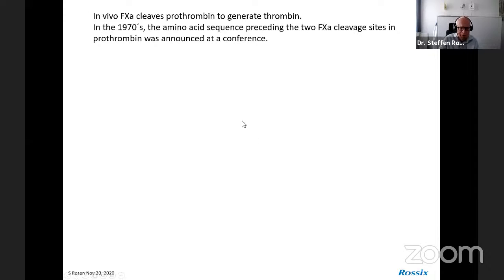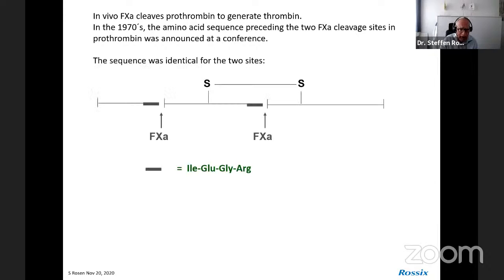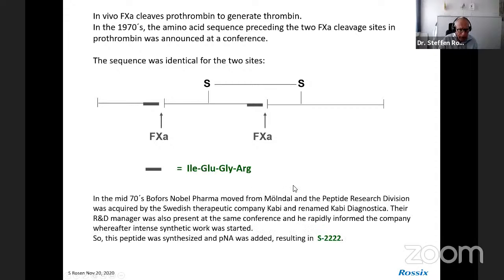In vivo, Xa cleaves prothrombin to generate thrombin. In the 1970s, the amino acid sequence preceding the two factor Xa cleavage sites in prothrombin was announced at a conference. And the sequence was identical for the two sites: Ile, Glu, Gly, Arg. Now, in the mid-70s, Bofors Nobel Pharma company moved from Mölndal, and the Peptide Research Division was acquired by a Swedish therapeutic company, Kabi, and renamed Kabi Diagnostica.